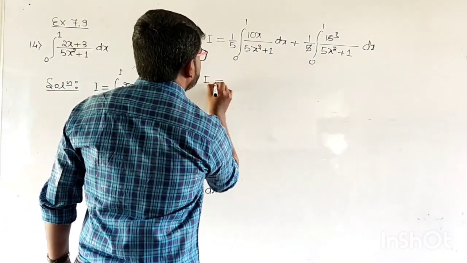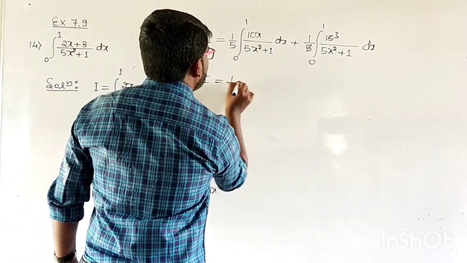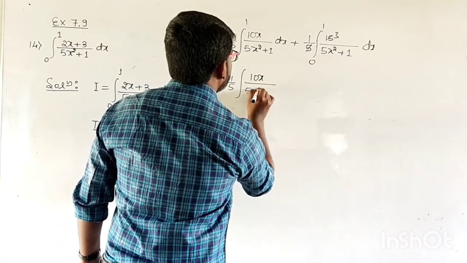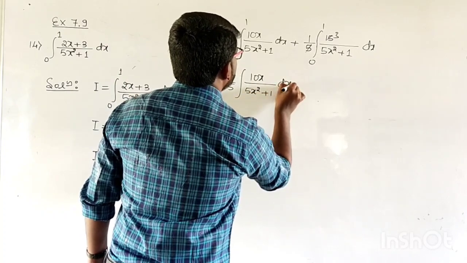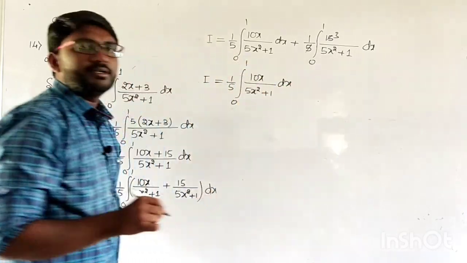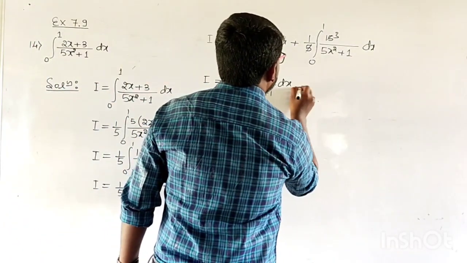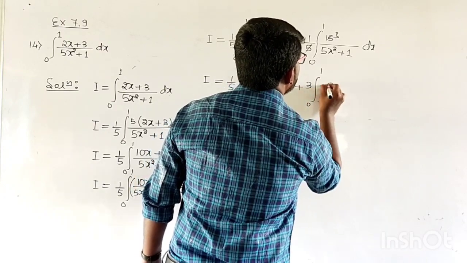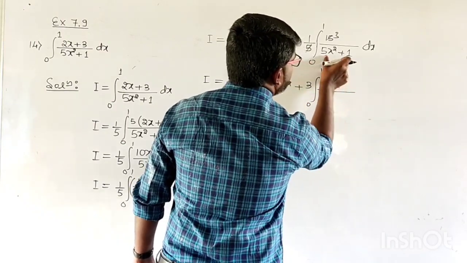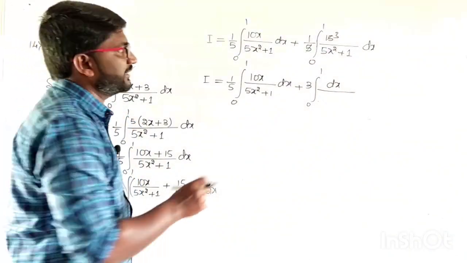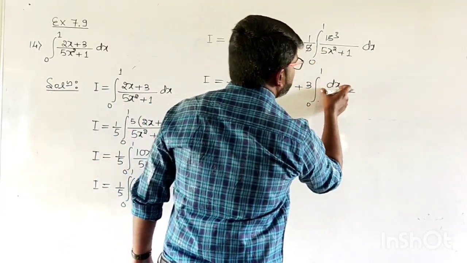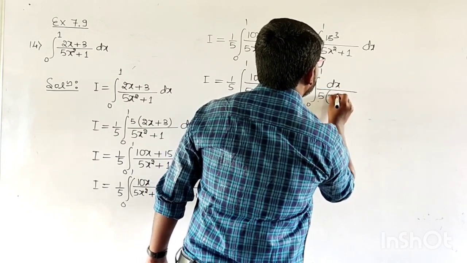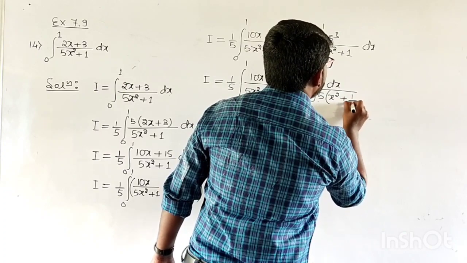We'll write one more step. 1 by 5 integral 10x divided by 5x square plus 1 dx, from 0 to 1, plus 3, I write it outside, then integral 0 to 1 dx upon, so in these two terms I take 5 common because the coefficient of x square must be 1. So that is why I will be taking 5 common. We get x square plus 1 by 5.